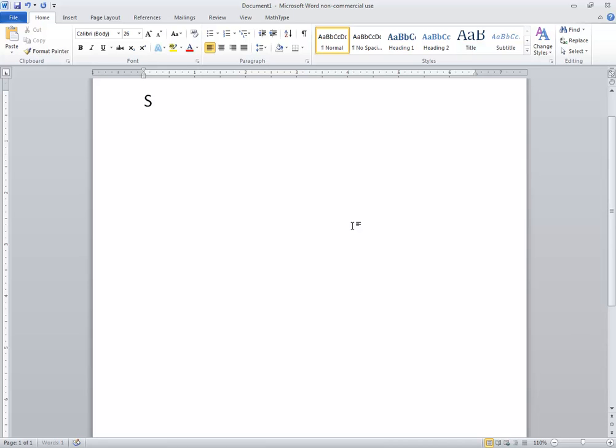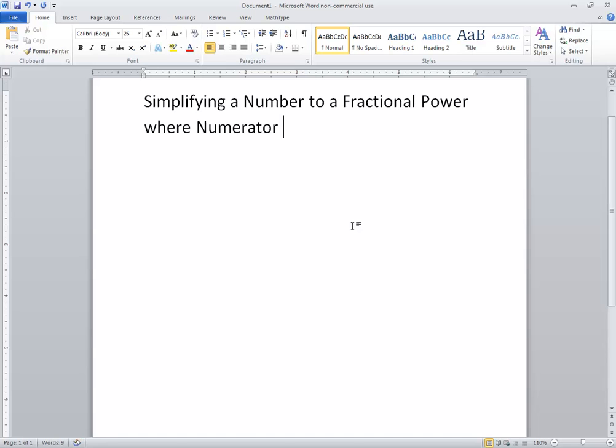Simplifying a number to a fractional power, rational exponents, where the numerator is greater than 1. Step 1.